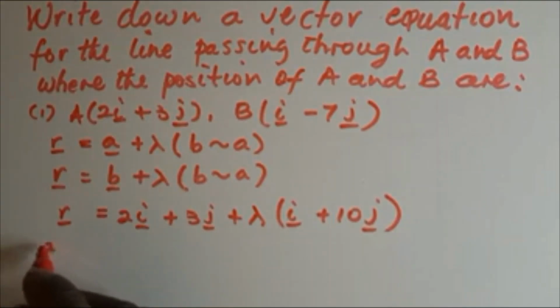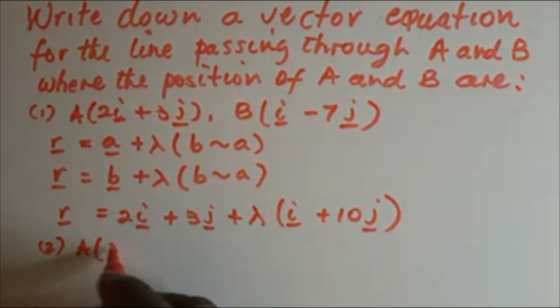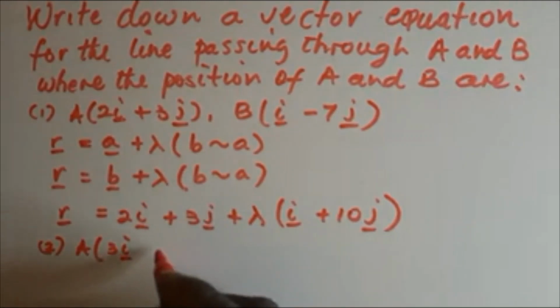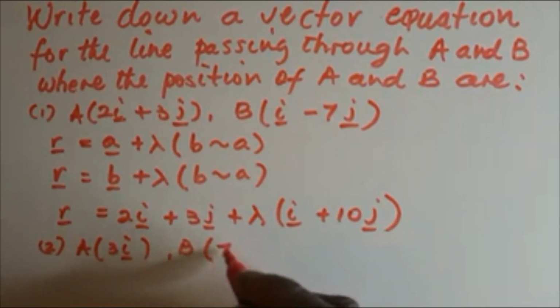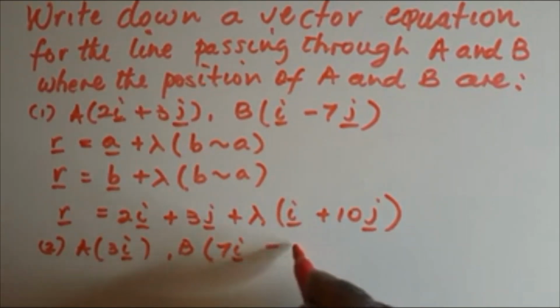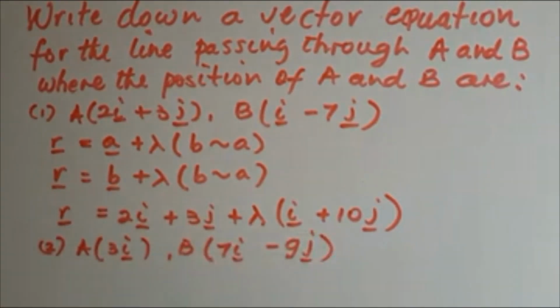Now, second is A at 3i, and we have B at 7i - 9j. And this gives us r equal to 3i.